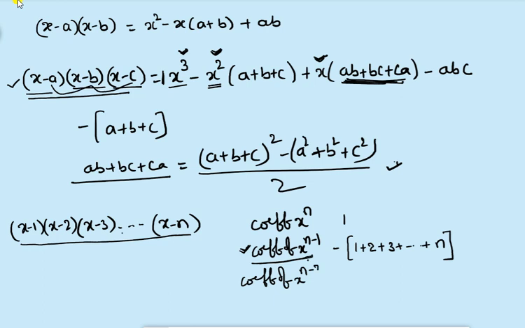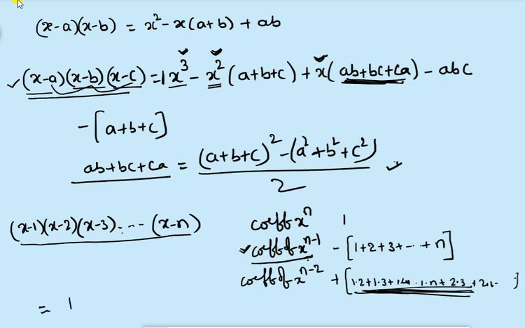Next again we want to find the next highest power. That means if you want to find the coefficient of x to the power of n minus 2, then what to do? Sum of the product of the terms taken two at a time: 1 into 2, 1 into 3 plus 1 into 4 and so on, 1 into n, plus again 2 into 3 plus 2 into 4 plus and so on, right? That means sum of the product of the terms taken two at a time.